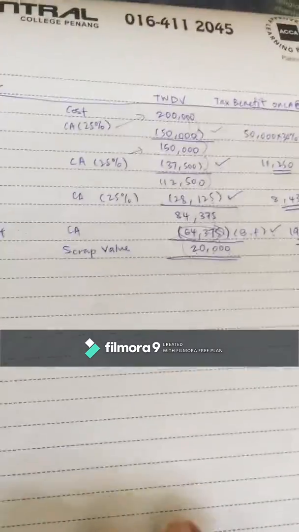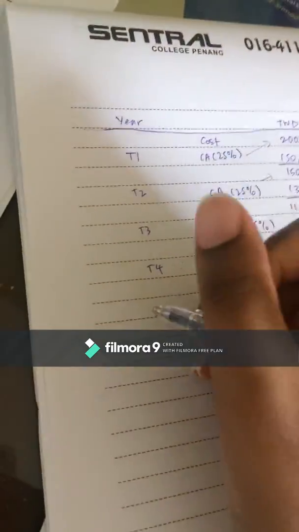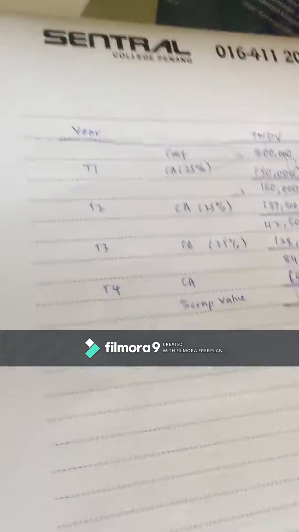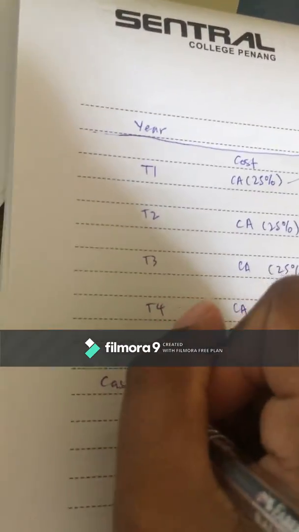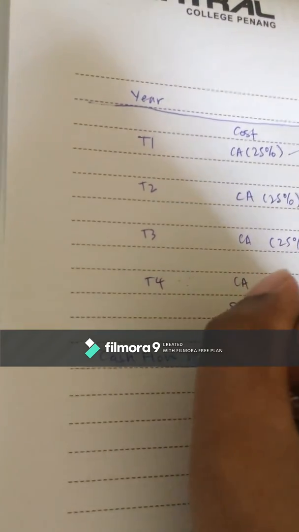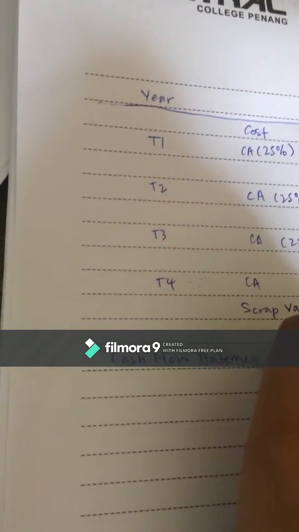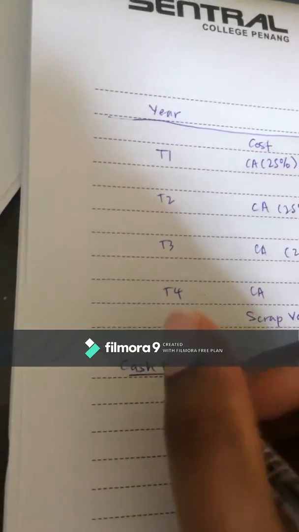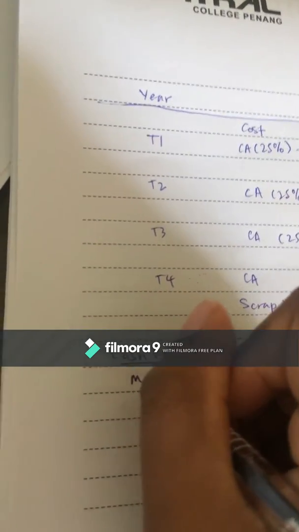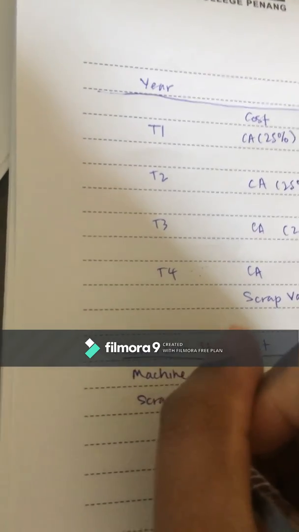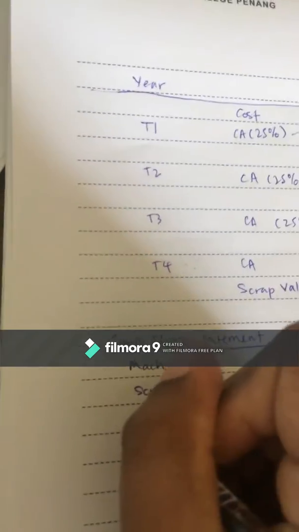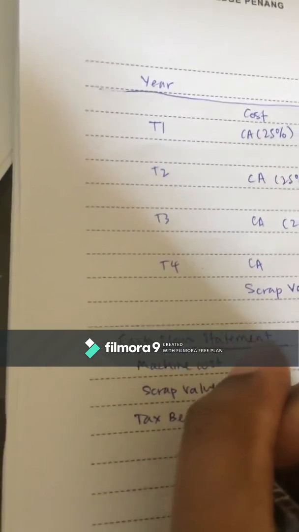So I'm just going to show you a small extract of how it'll look when you actually do the NPV question, so you understand better. Pretend this is the cash flow statement, and you're doing an NPV calculation. In the NPV calculation, of course, you will have your machine cost and your scrap value, and then you're going to do tax benefit on CA.